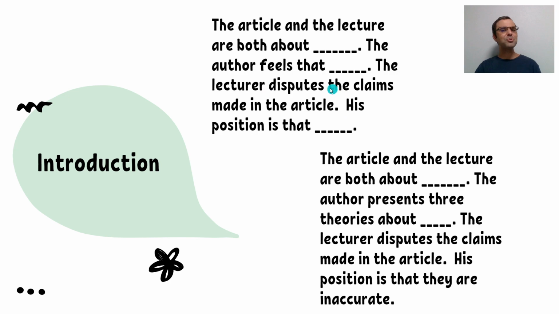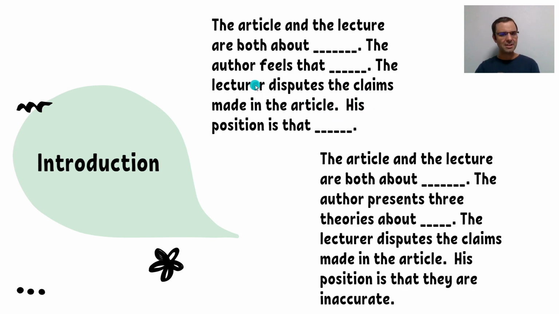At the top of the screen is a template to use when the author of the reading has a single, clear opinion. So imagine that you've got an article about Great Zimbabwe, which is a fortress in Zimbabwe. If the author of the article feels that Great Zimbabwe was used as a royal palace, and that's his only overall argument, you're going to use the template on the top.